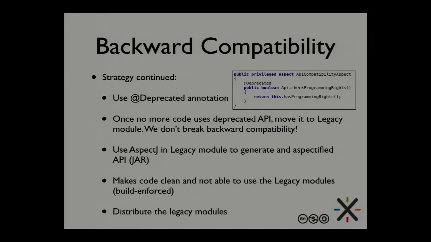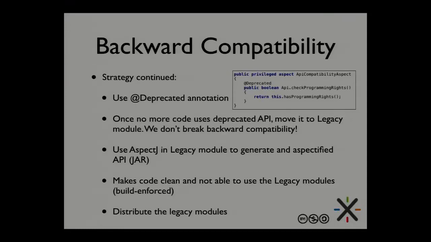But if you just want to remove a single method, there is no way in Java of doing that. So that's why we use AspectJ. There's an AspectJ Maven plugin. We just move this part in an aspect, and that other module, which we call a legacy module, when it builds, it actually weaves those aspects onto the other code, the code that doesn't contain the deprecation, and it generates a jar that contains both the code and the aspects.